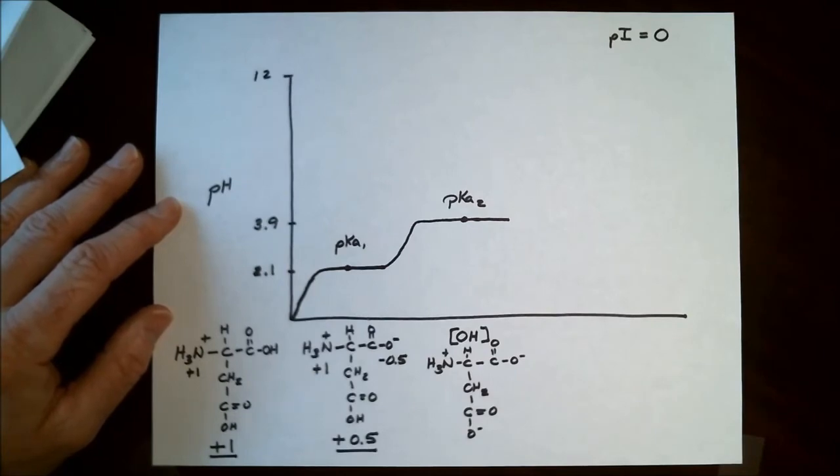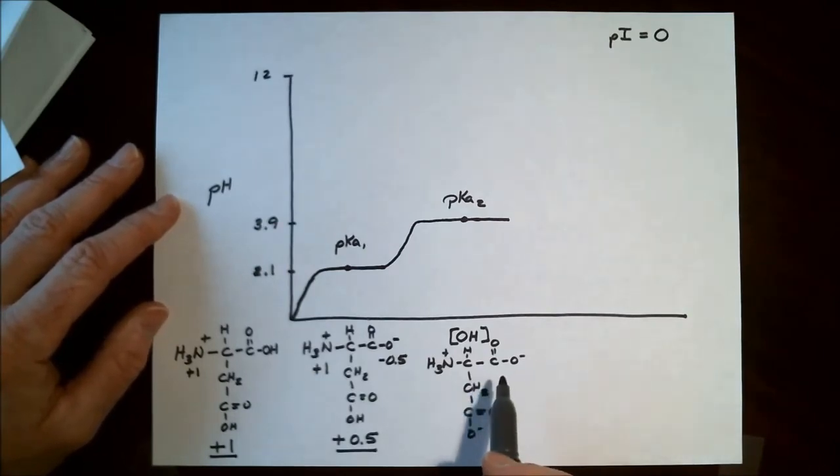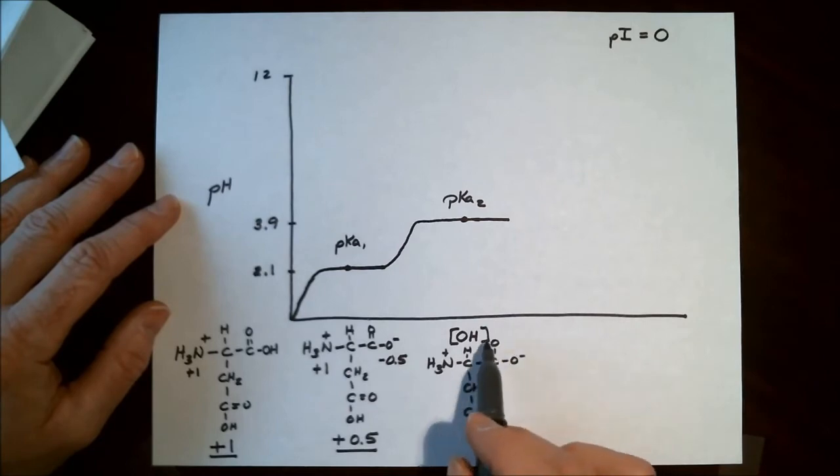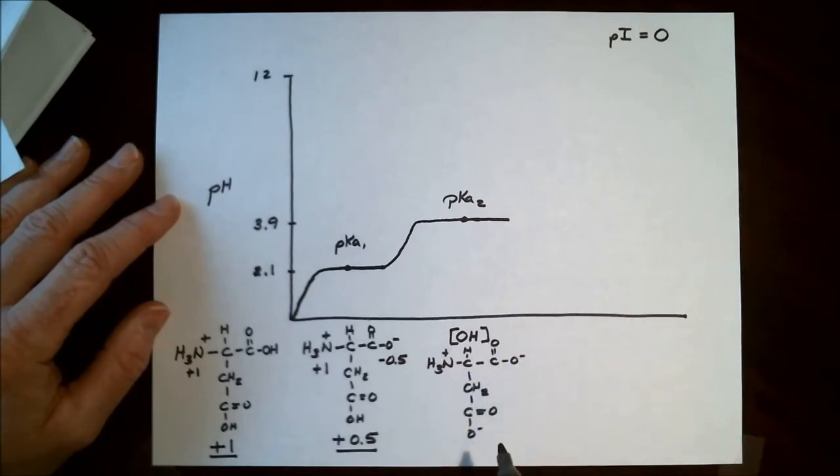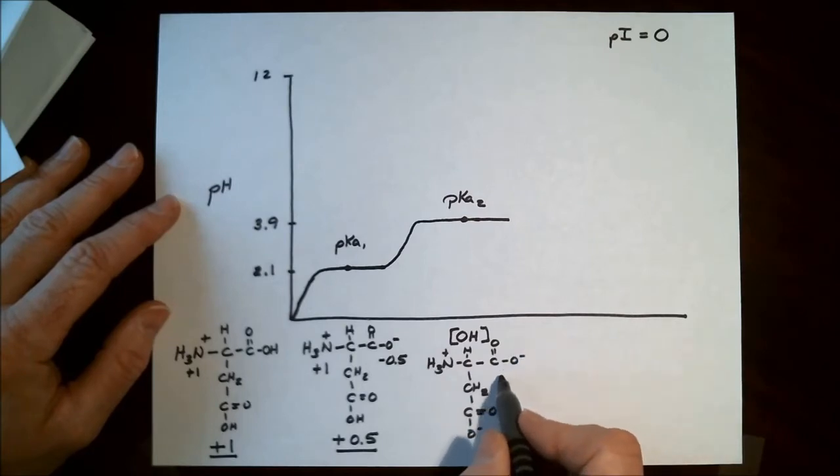So at the second pKa, we can pretty much assume that the carboxylic acid that's attached to the alpha carbon is now almost fully deprotonated. So this is going to contribute a charge of -1.